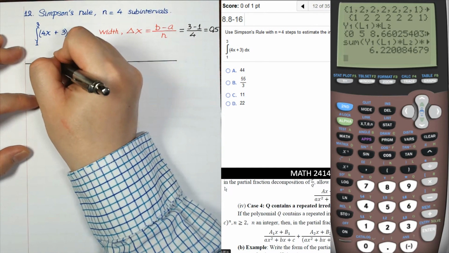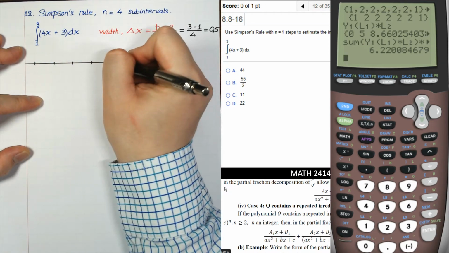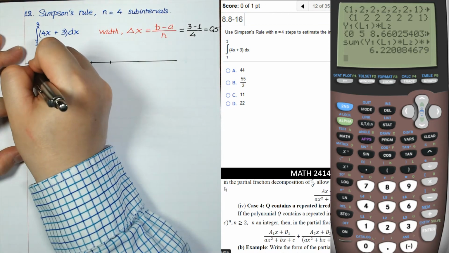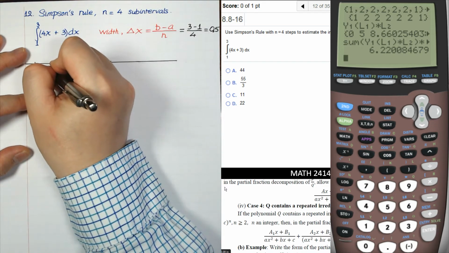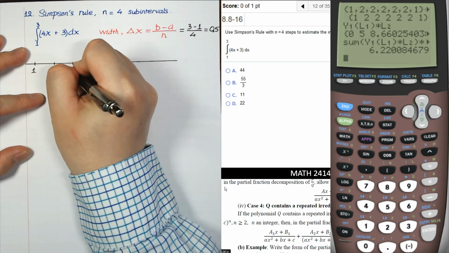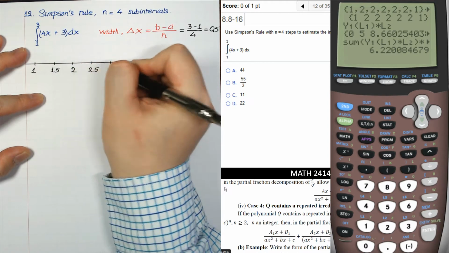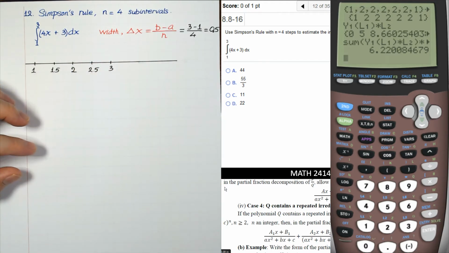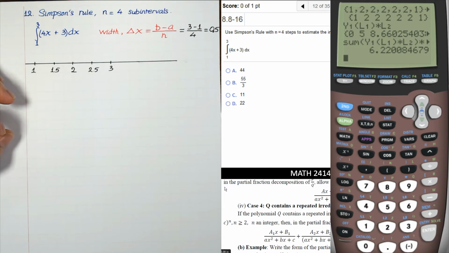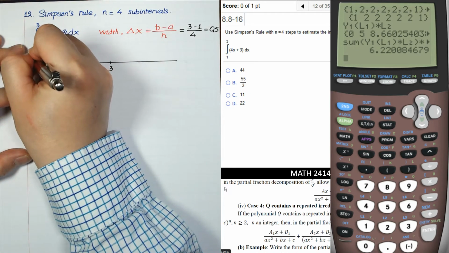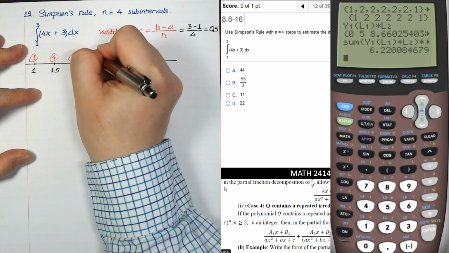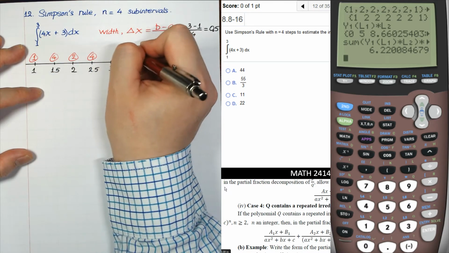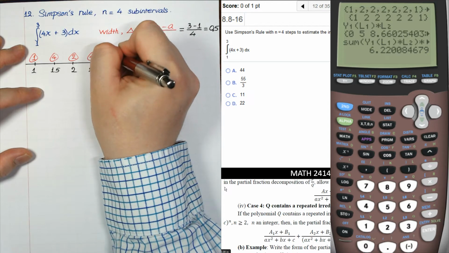For subinterval from 1 to 3, increment by 0.5, so 1.5, 2, 2.5, and then 3. Coefficients for Simpson: 1, 4, 2, 4, 1.